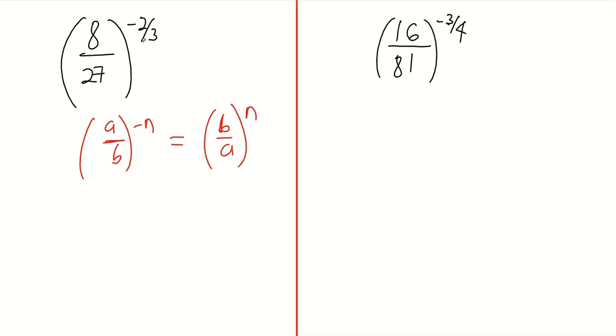The same thing applies to this one. So in this case, we are going to write 27 out of 8 exponent 2 out of 3, and we can continue by simplifying the 27 and 8. We know that 3 times 3 times 3, that is 3 exponent 3, gives us 27.